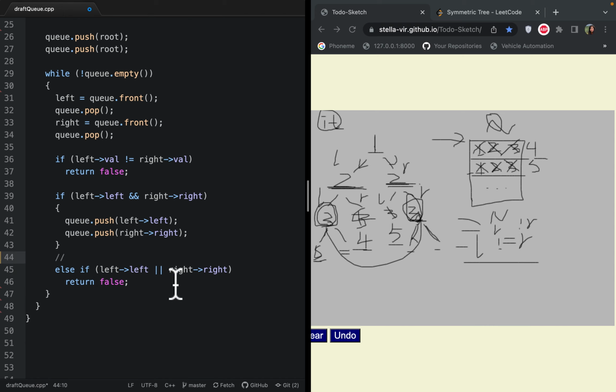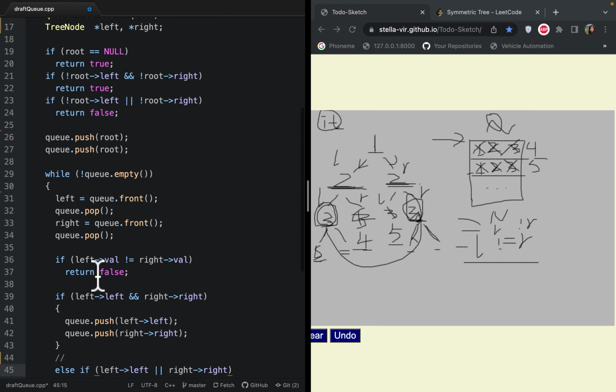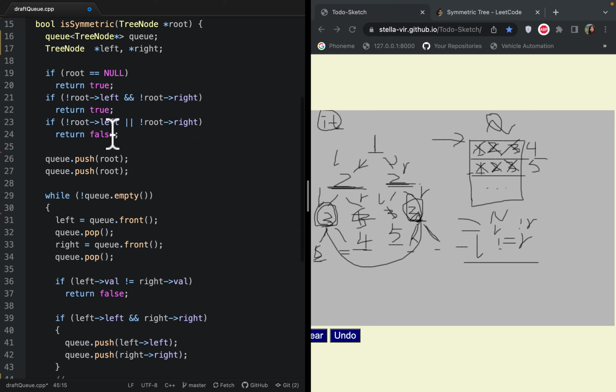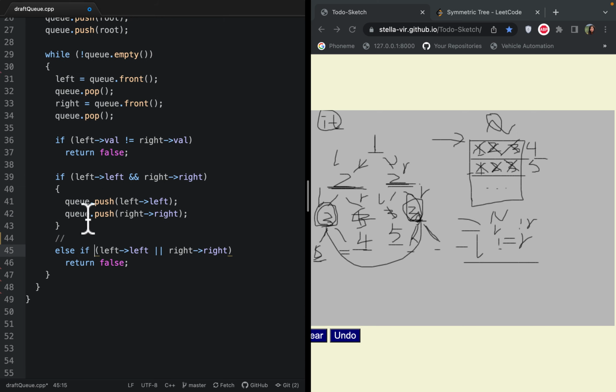Just to make a note here, the else is important, because if you compare here, it actually doesn't matter that much if you put else if here, because it's going to return. So note that before, if this thing and this thing happens, you put it in a queue, and the program is going to keep going to the next line to evaluate. If you don't put else here, it's going to check if this thing or this thing.